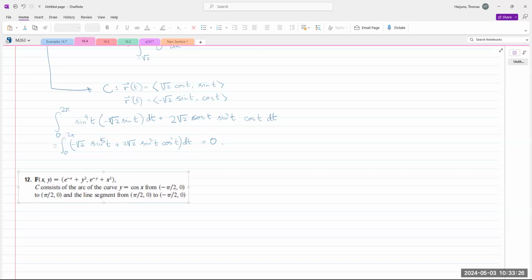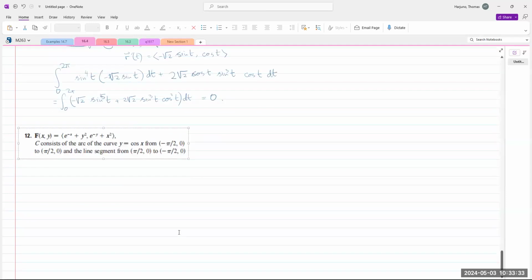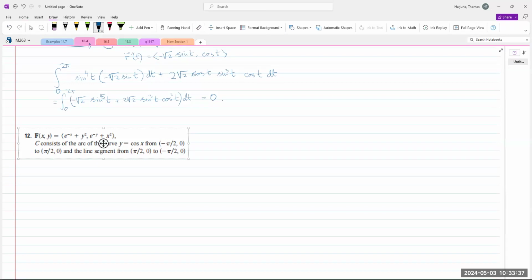The question is the integral over closed curve C of F dot dr. So if we have that F, we want to compute the integral over closed curve C of F dot dr. Okay, but if that's the F, then Q sub x is 2x, P sub y will be 2y.